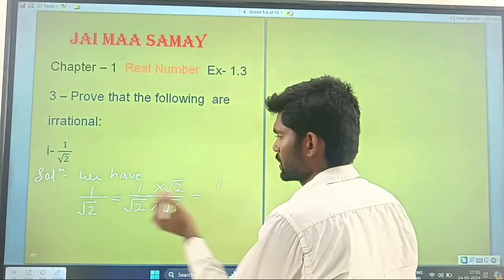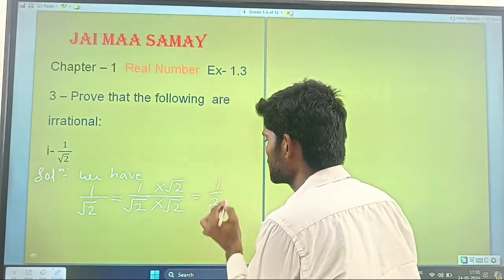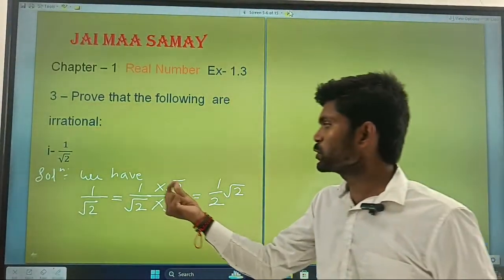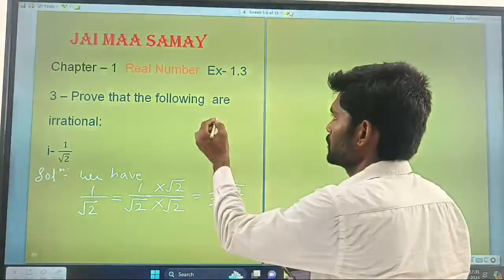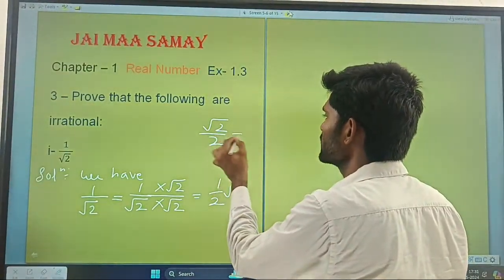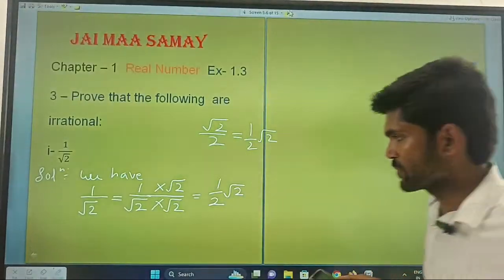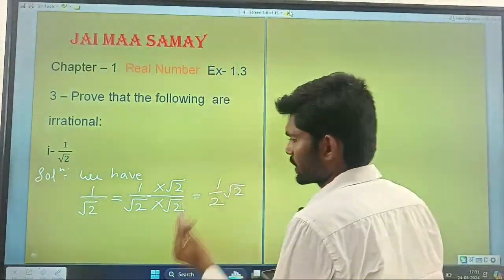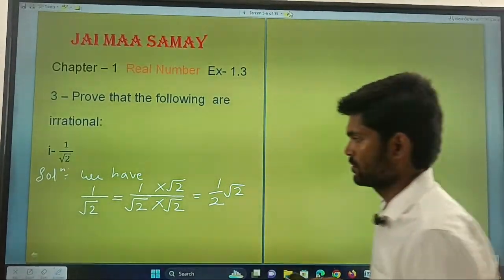Any number multiplied by itself, so we write 1 upon 2 under root 2. Clear? Multiplying under root 2 by 1, we get under root 2 upon 2. So you can write under root 2 upon 2 in this way, 1 upon 2 under root 2. Both are the same thing.